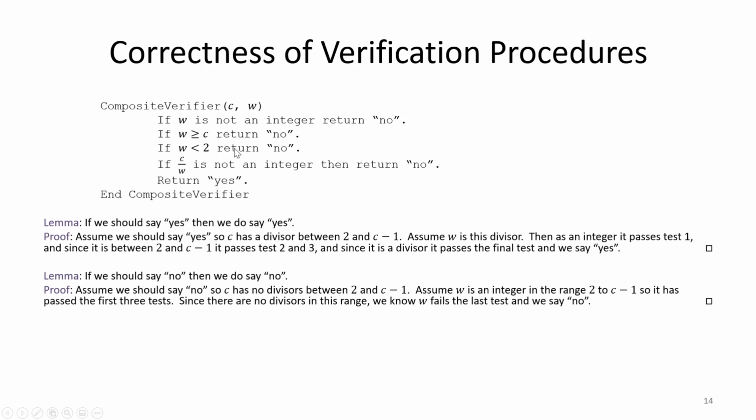So let's assume Merlin's at least trying to trick us, and he's trying to trick us as best as he possibly can. He's going to make sure he gives us an integer. He's going to make sure he gives us one that's not big enough. He's going to make sure he gives us one that's not small enough. So he's going to give us one in the right range. But we know that since this is a prime number, not a composite number, if Merlin does follow all the rules up till here, gives us an integer in the right range, our number, because it's prime, has no divisors in that range.